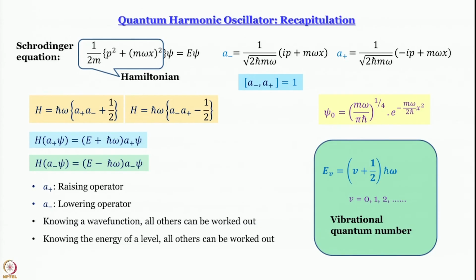There is no need in this course, or in science in general, to remember each and every expression that we come across. So, this is what we have learned so far, and the question we stopped at in the previous module is what the wave functions are for V equal to 1, 2, 3 and so on. We will take two approaches.